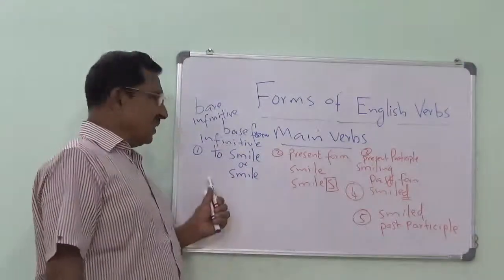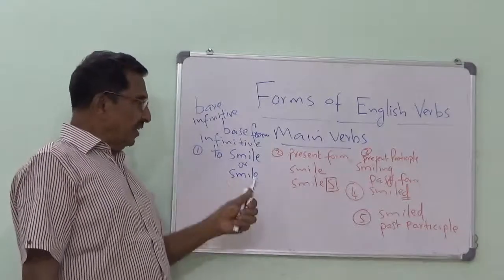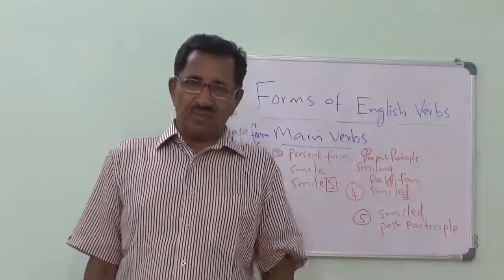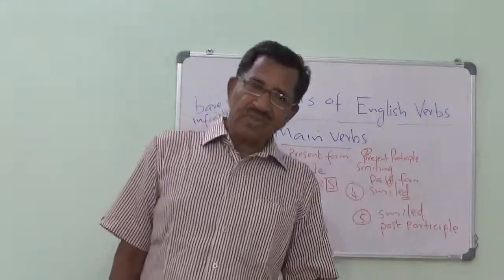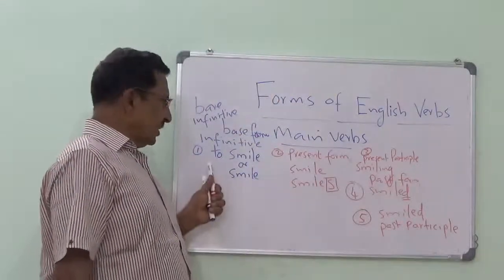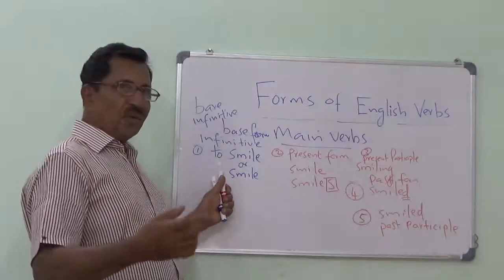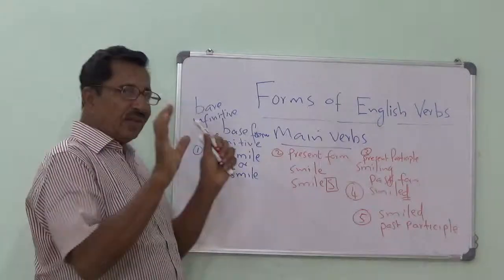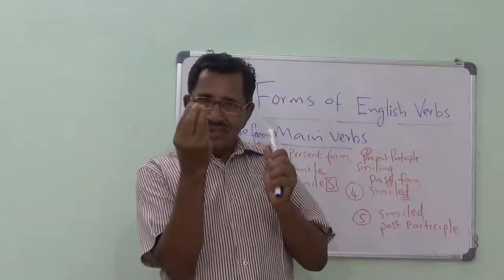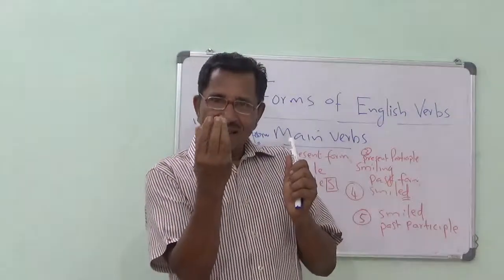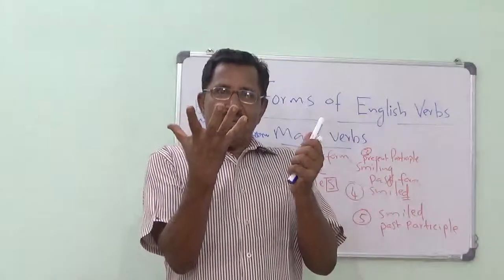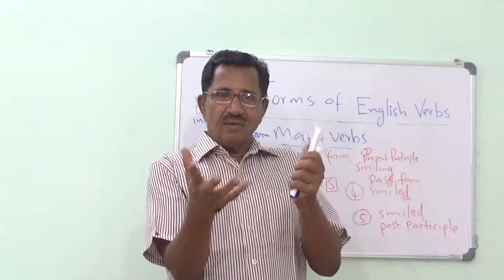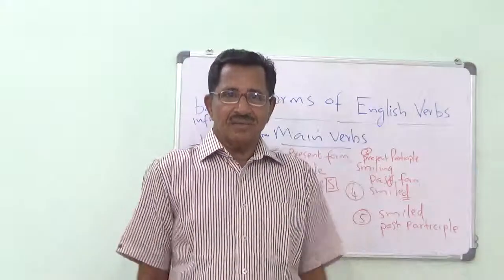Now here comes once again. Every English main verb has 5 forms. And what are those forms? Remember the flower: one, two, three, four, five. Half blossom, full blossom, one petal down, and the whole thing.